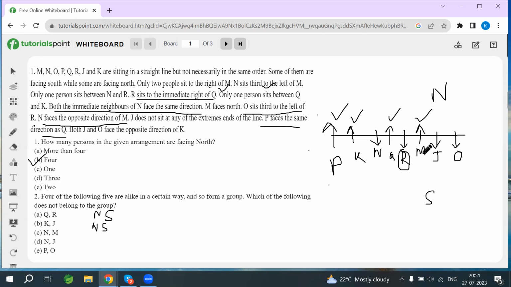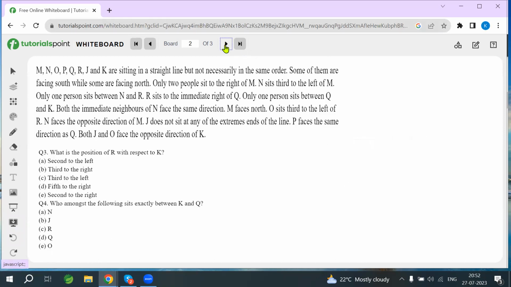N and M are south, north. N and J are in the same direction, south and south. And P and O are north, south. So option D, N and J, is not in the same pattern as the other options.